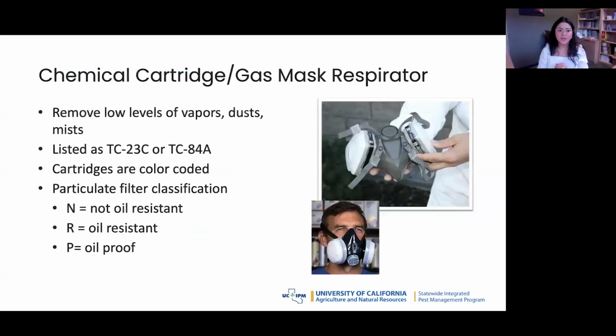For the chemical cartridge gas respirators, or gas mask respirators, these are going to protect against vapors, dust, and larger particles, and they will have more technical specifications, and they also follow the NRP classification for filtering oils.